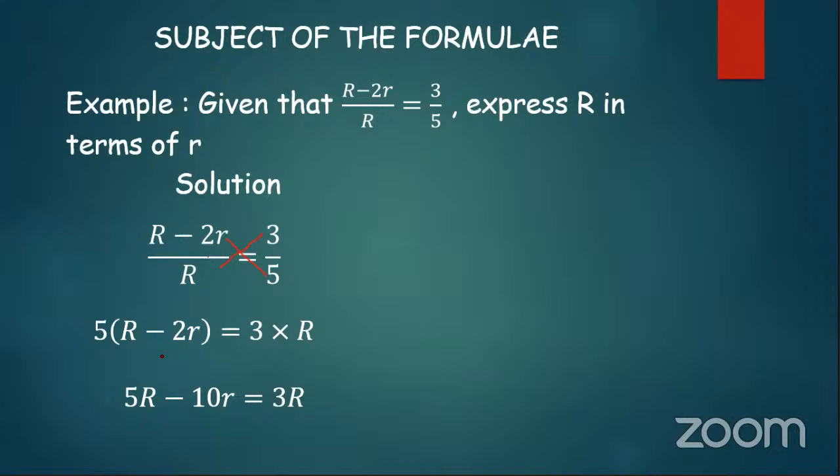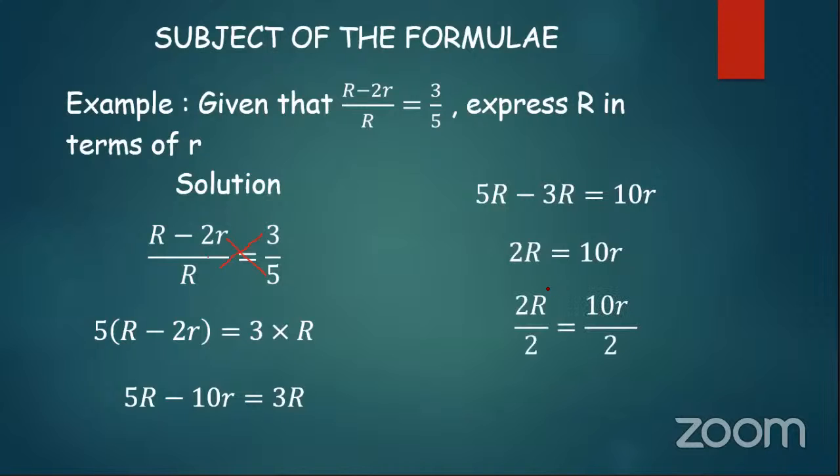After this, we collect like terms. So 5R minus 3R is equal to 10 small r. Then 5 minus 3 would give us 2. And then after here, we divide by 2.